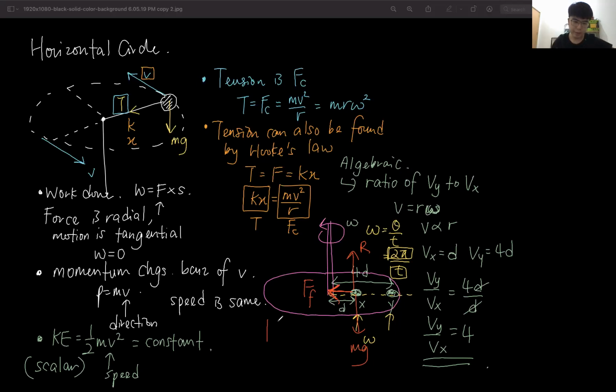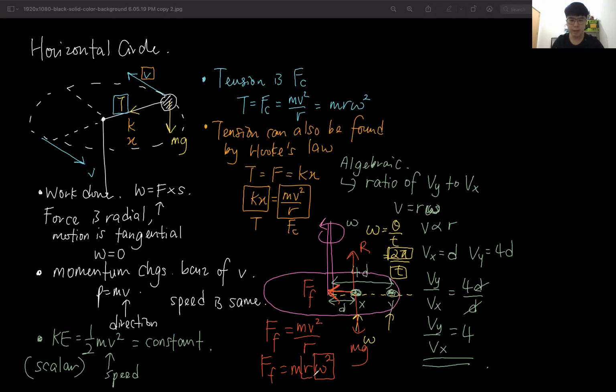So we have friction equals to centripetal force, mv squared over r. Or we can do friction equals to m r omega squared. From here, omega is constant in this case.